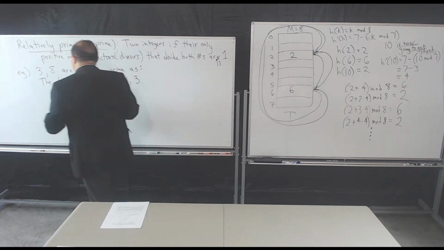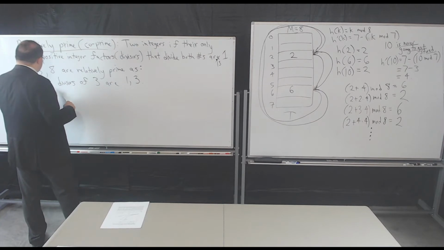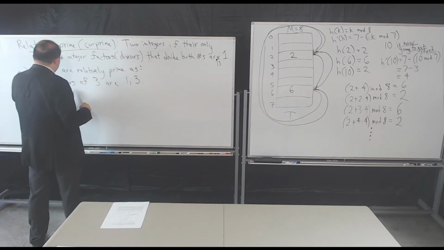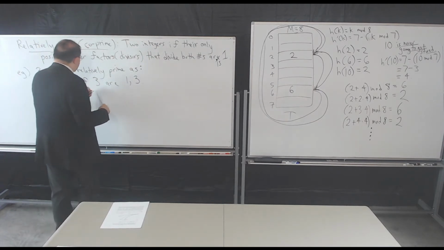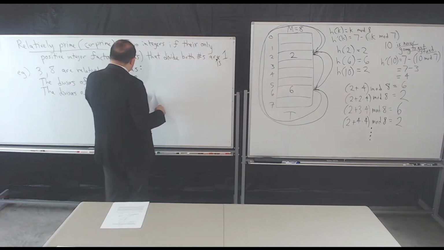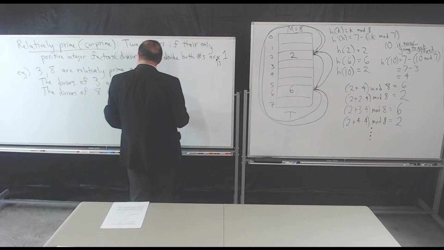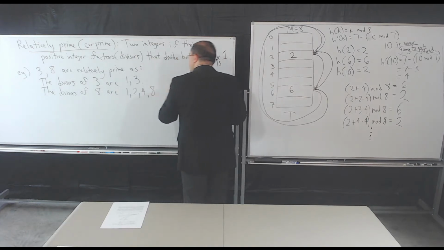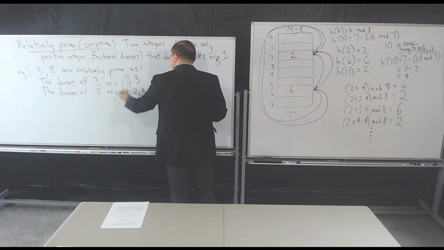How about the divisors of 8? They are 1, 2, 4, and 8. Which one do they have in common? Just 1.